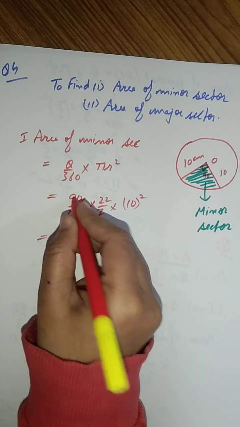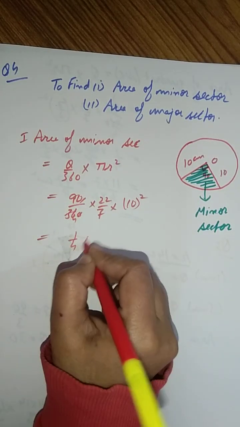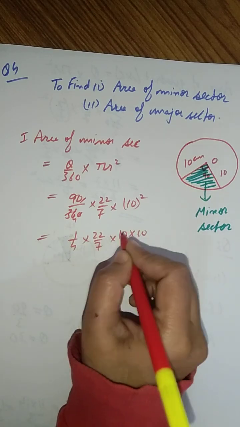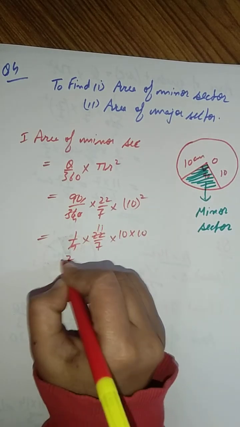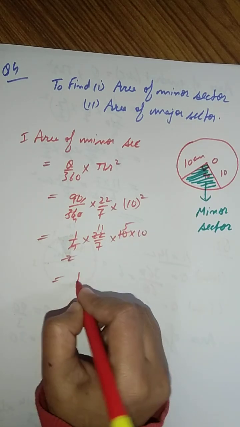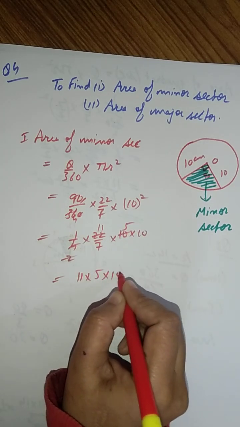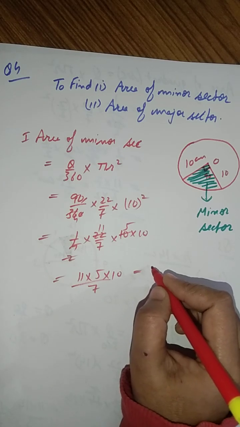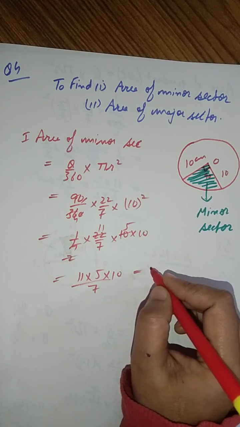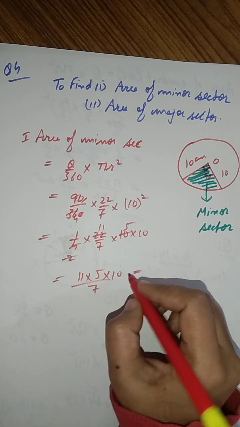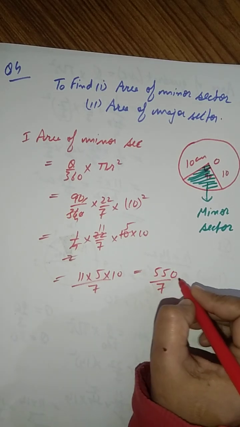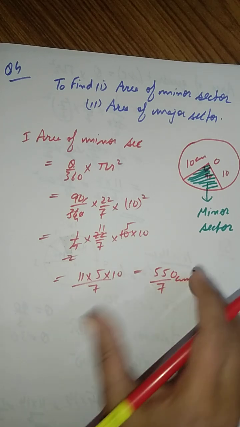So it will become 1 by 4, 22 by 7, 10 into 10. Again cutting with 2, you will get 11 into 5 into 10 by 7, and it will be 550 by 7 centimeter square.